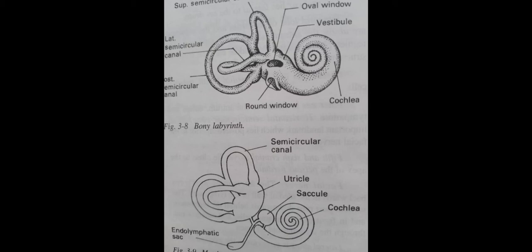So this bony labyrinth consists of 3 semicircular canals posteriorly. Vestibule in the middle, this one is the vestibule which lies in the middle, and the cochlea which lies anteriorly. This is cochlea.